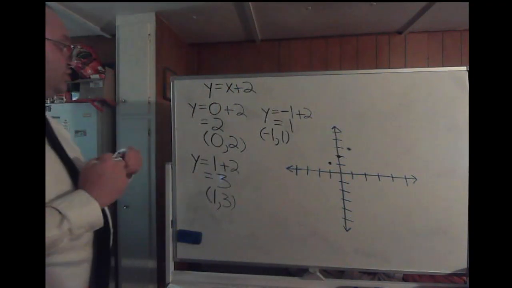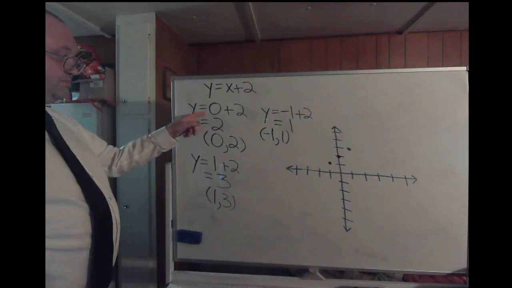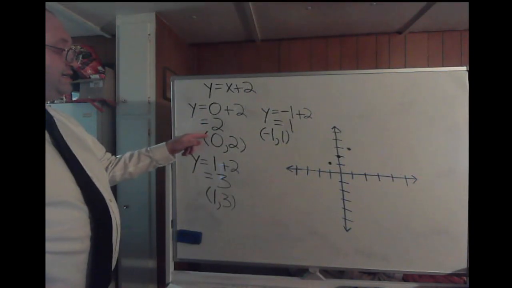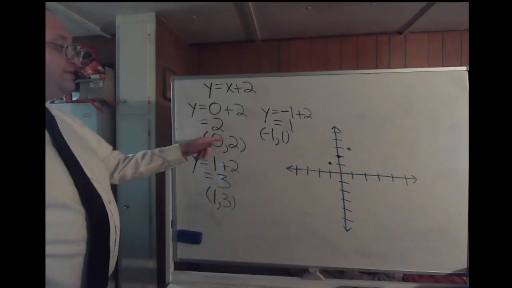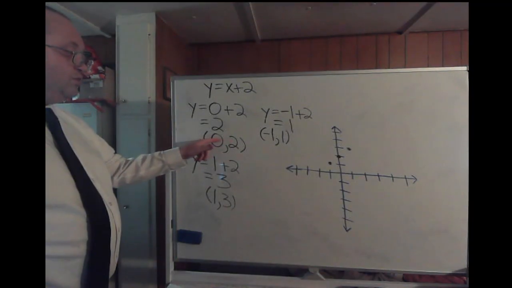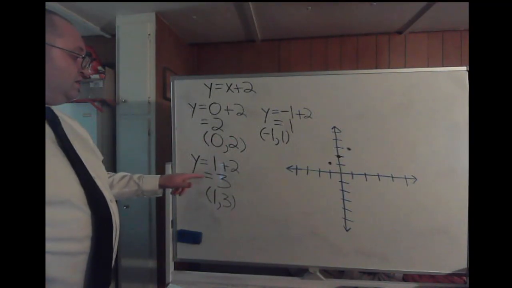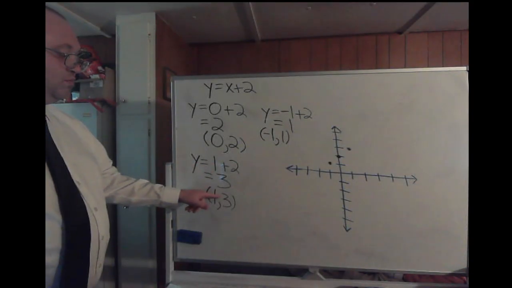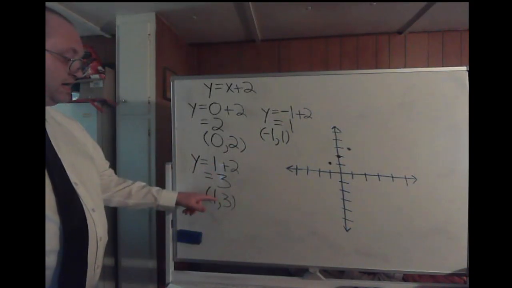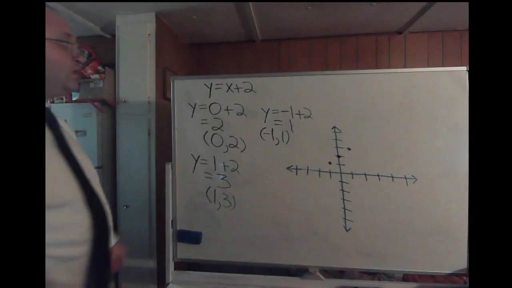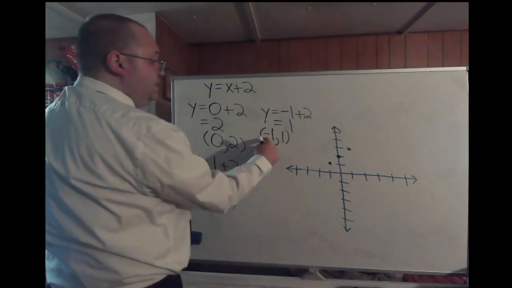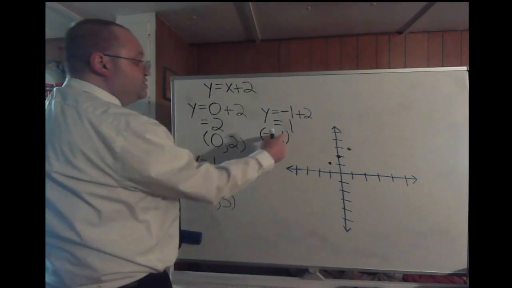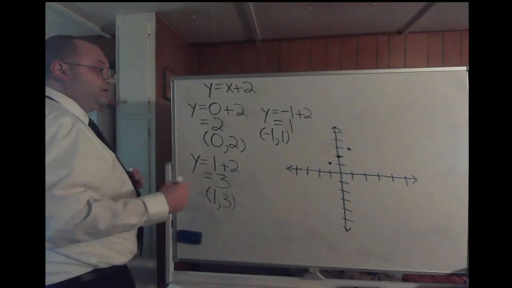Okay? So again, for the first ordered pair, I made x equal to 0. When I made x equal to 0, y was equal to 2. So we got the ordered pair 0, 2. When I made x equal to 1, I got the y coordinate being 3, so I got the ordered pair 1, 3. When I made x equal to -1, I got the y coordinate of 1, so I got the ordered pair -1, 1.